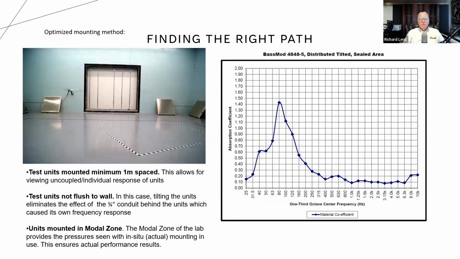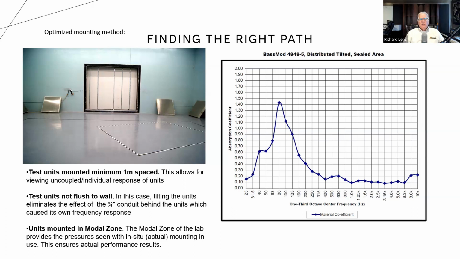So what we started to do is, I took them and I said, we've got to tilt these, so we get rid of the back pressure behind them, because now it's an open space behind them. We're still well in the modal zone, so it's not a problem. By doing this, all of a sudden, here's the performance, and we separated them by more than 1 meter apiece.